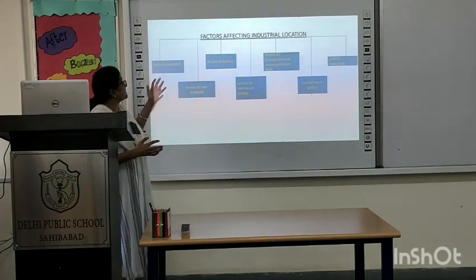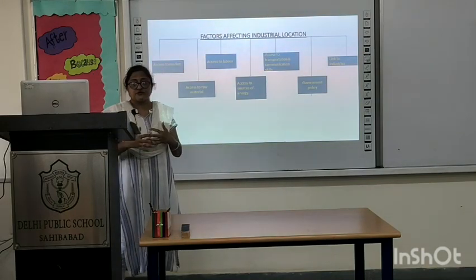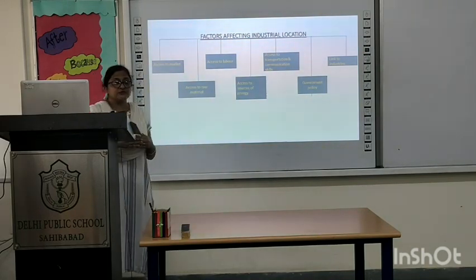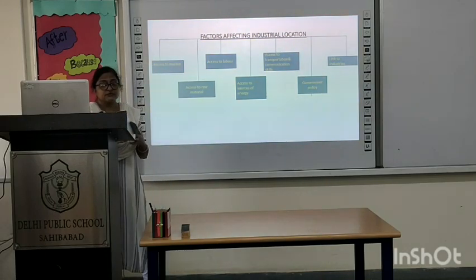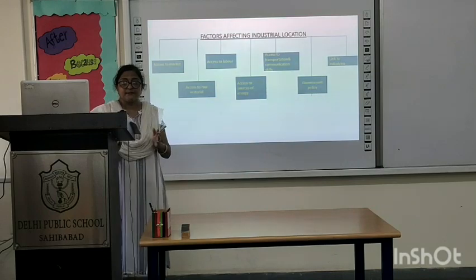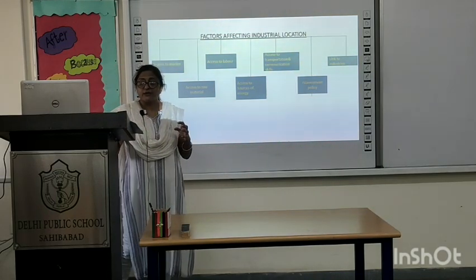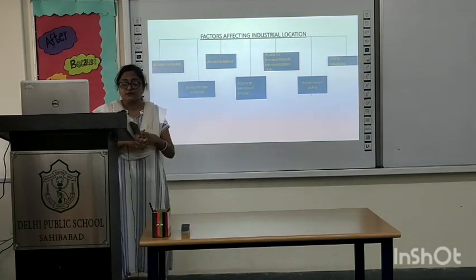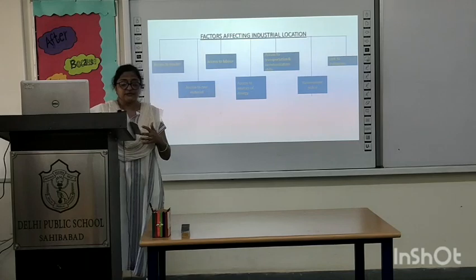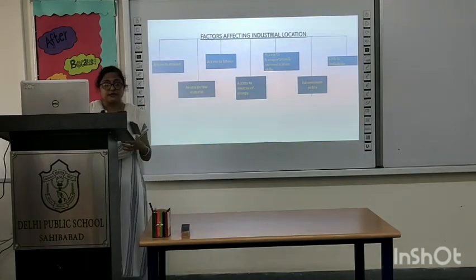First is access to market. The existence of a market for manufactured goods is the most important factor for industries. Market means people who have the demand for these goods and also have purchasing power. So industries should be located near the market.